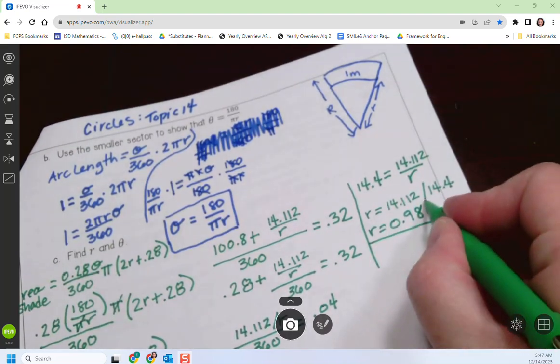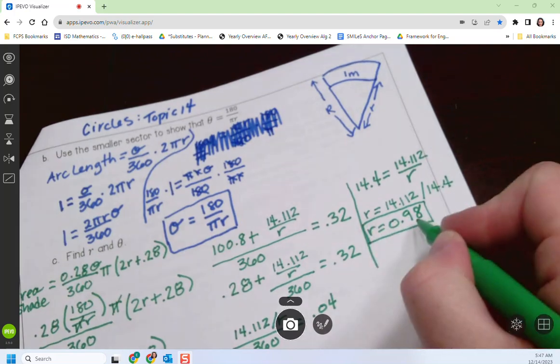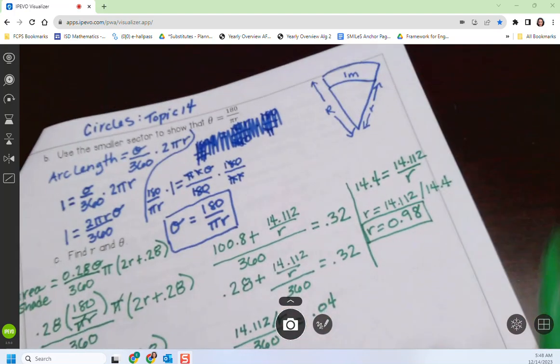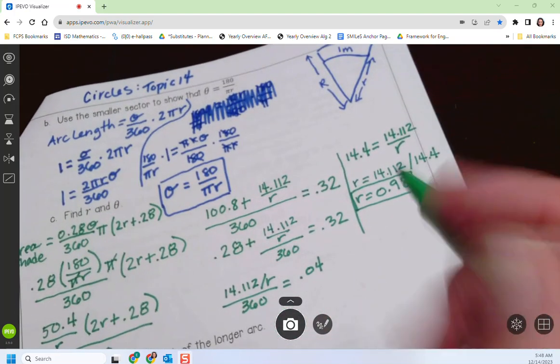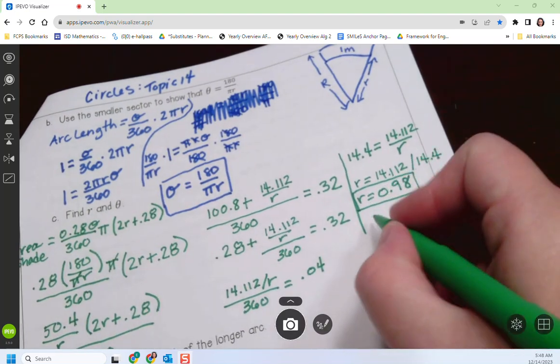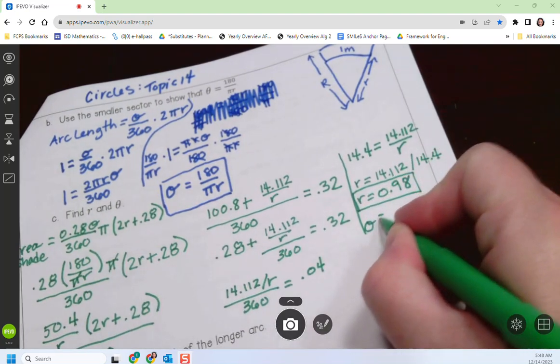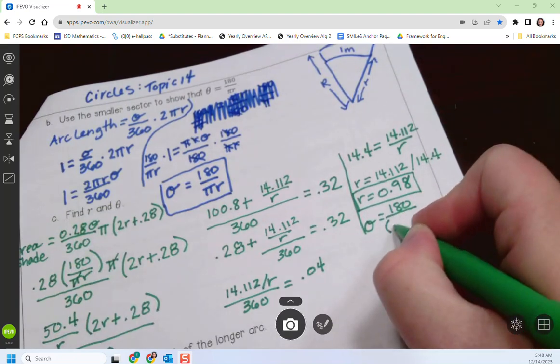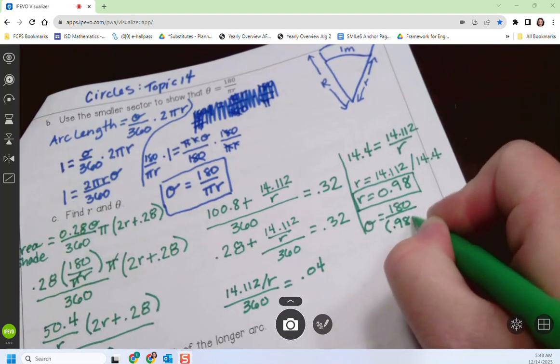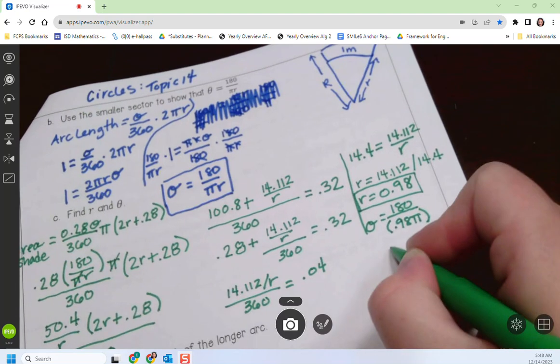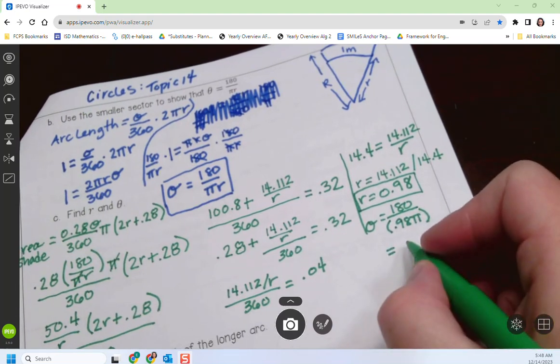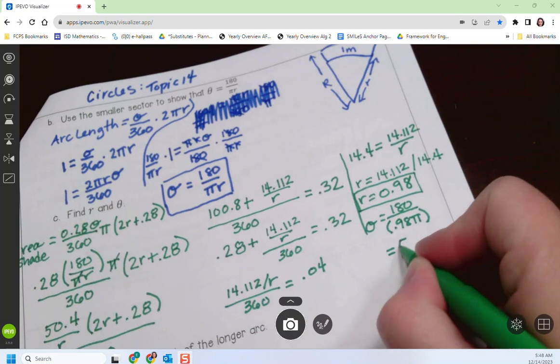That was one of the things I was trying to find. And now I can substitute that back into this formula to find the value for theta. And you should get about 58.5 degrees.